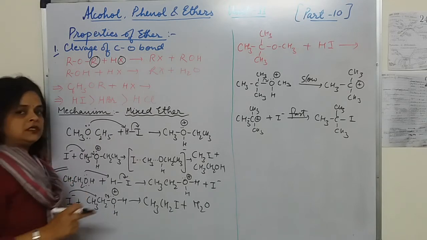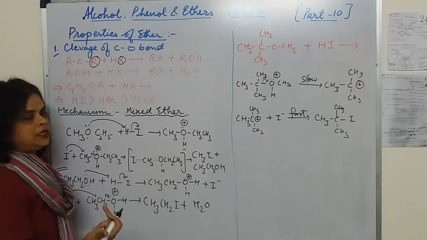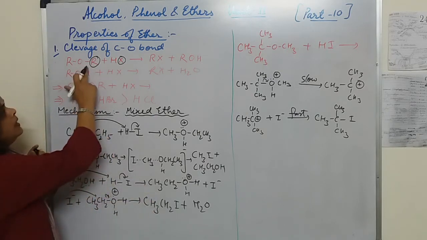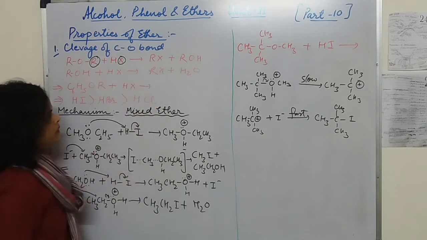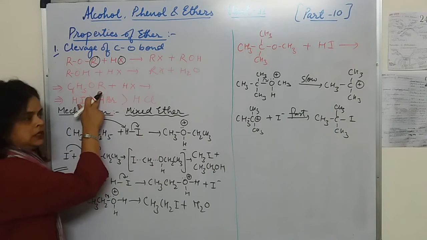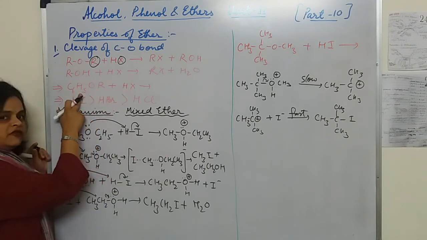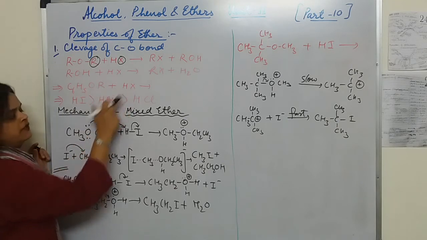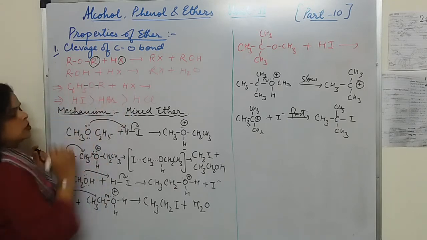So in the Williamson synthesis we had discussed how alkyl halide was converted into ether, and here this ether is again converted into alkyl halide. Now when we are taking this type of ether, where one side is alkyl part and one side is having the phenyl part, and it's going to react with HX, either this bond should break or this bond should break.